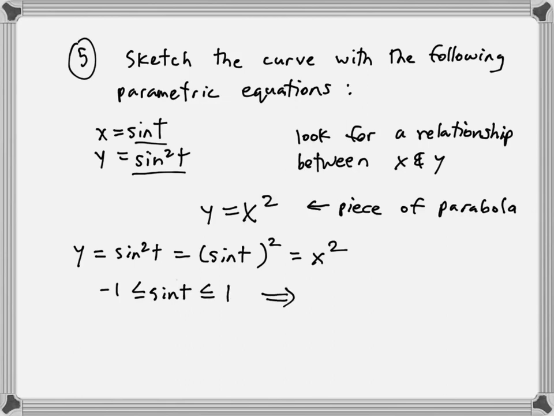But since sine is x, this means that x goes between -1 and 1. So there's no way that we could get the whole parabola. Likewise, sine squared t, because you're squaring it, it can never be negative. It goes between 0 and 1, which means that y goes between 0 and 1.